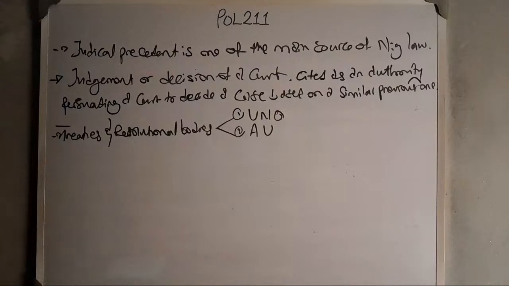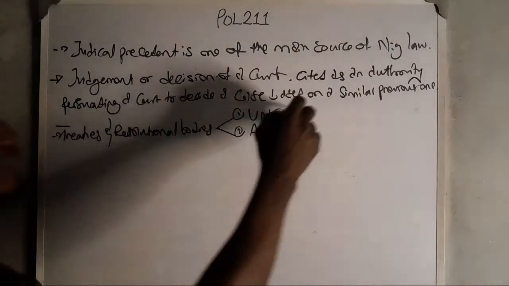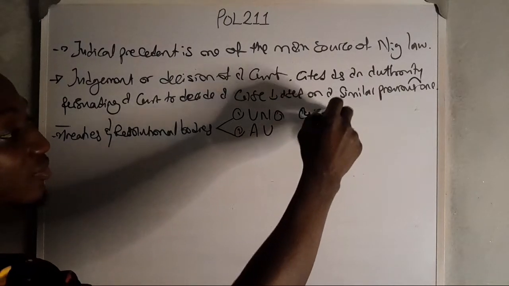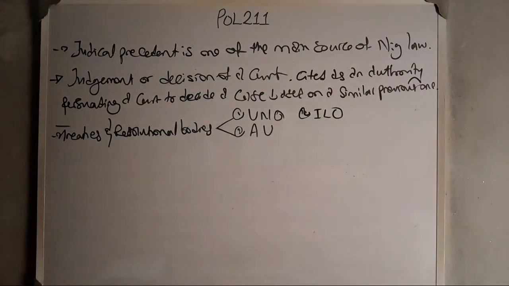We also have the AU, which is the African Union. We have the ILO, which is the International Labor Organization. So these are the three treaties and resolutional bodies.